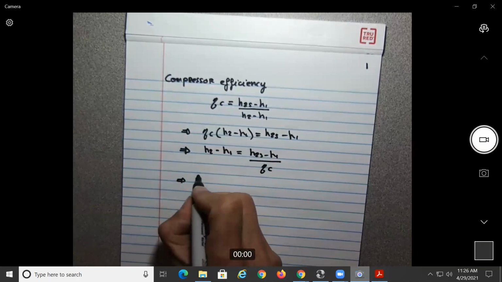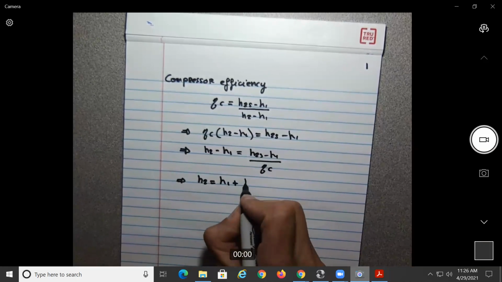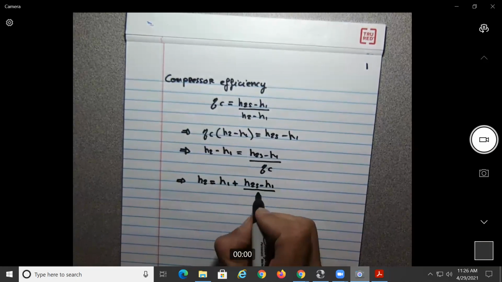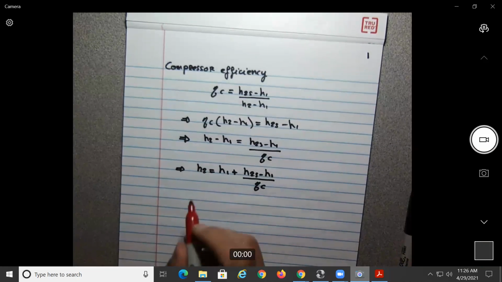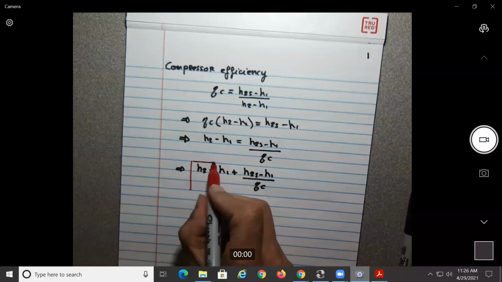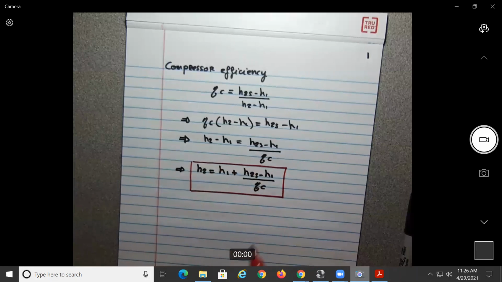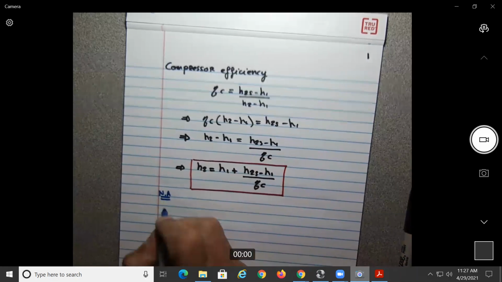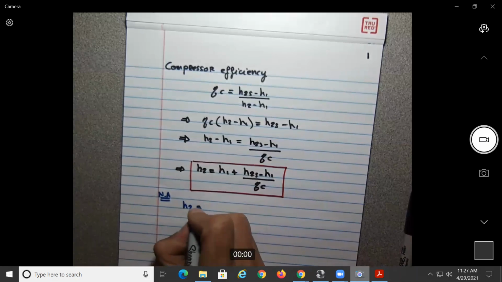So at the end, we find that H sub 2 would equal to what? H sub 1 plus H2S minus H sub 1 divided by the efficiency of the compressor. So if we do the numerical application, we should get what? H2.